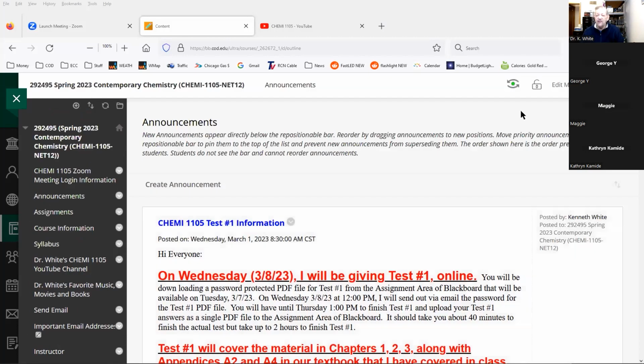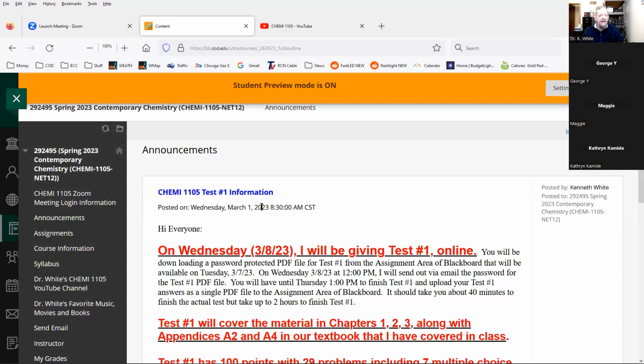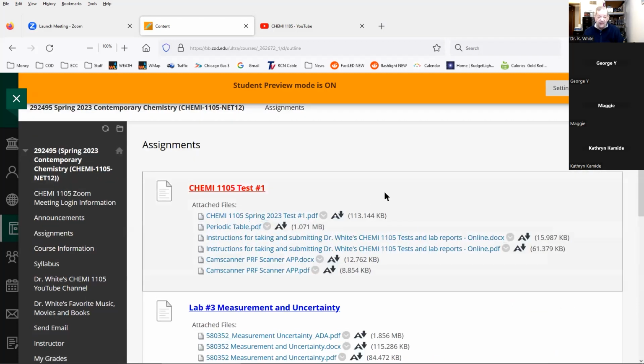But let's go to Student View. Now, click on Assignments. You'll see, oh, look, test number 1. When you click on this, that's the PDF file, test number 1, to download it, you will have to put in a password, which I will send you. This test and all my tests, all passwords are lowercase.